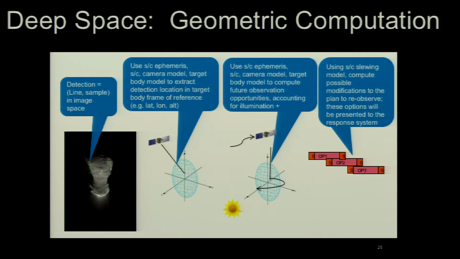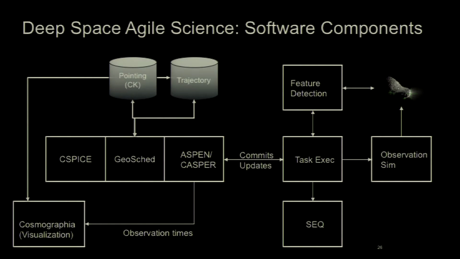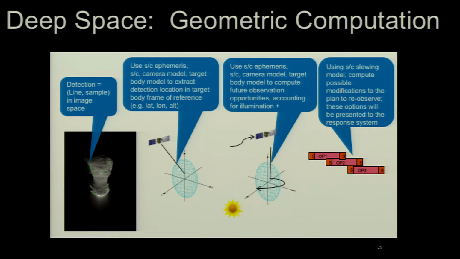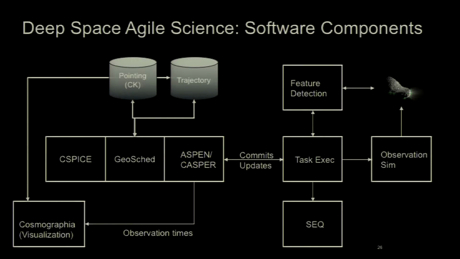We then have to project forward using the spacecraft trajectory and the body trajectory and rotation, the times when the geometry is suitable for reobservation. Those are then converted to time intervals, as shown here. And then the Aspen-Casper planner schedules according to those time intervals.